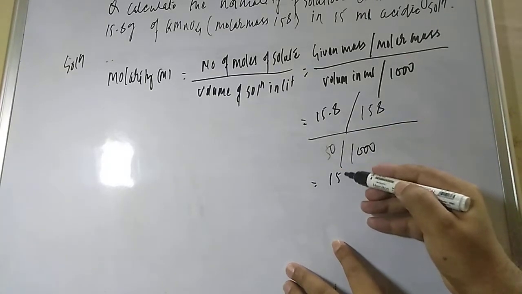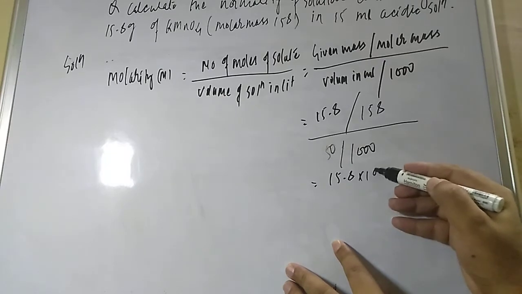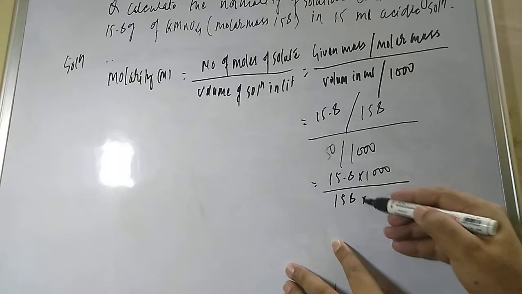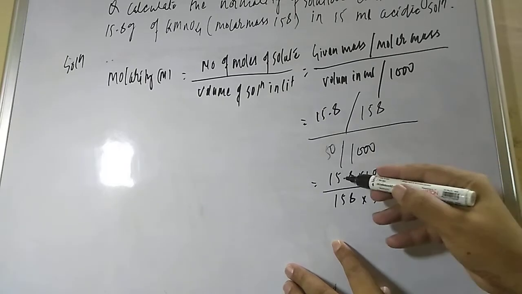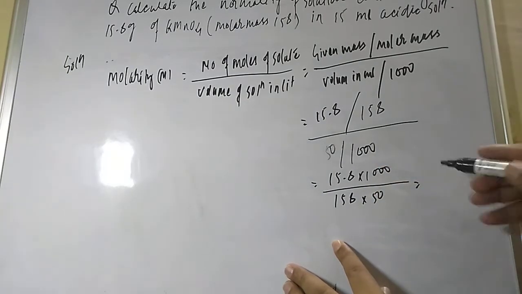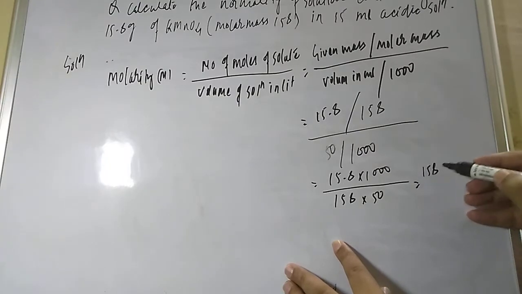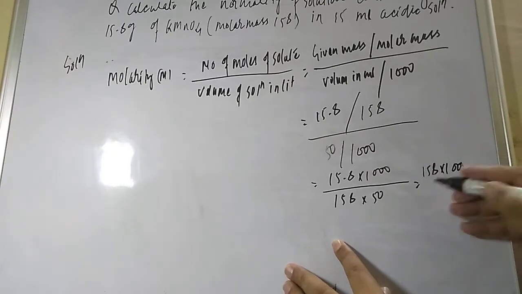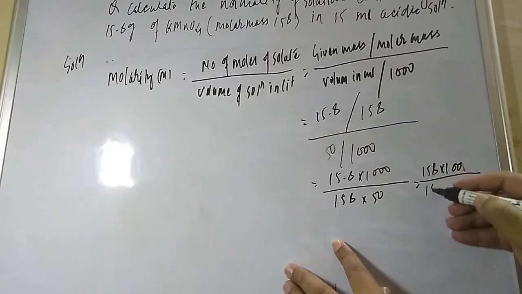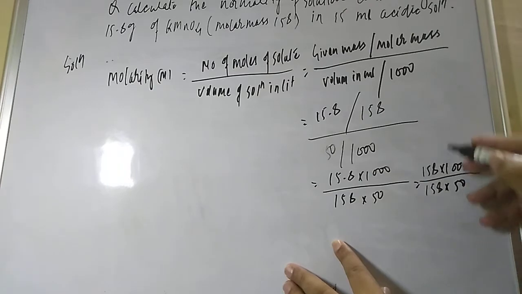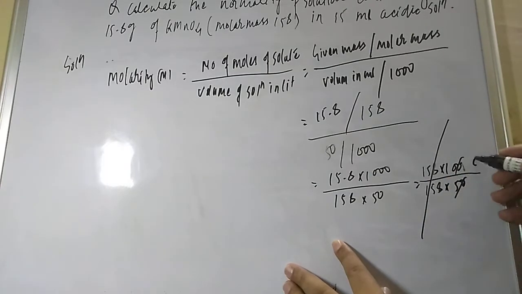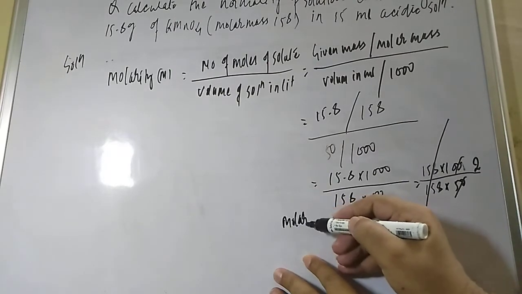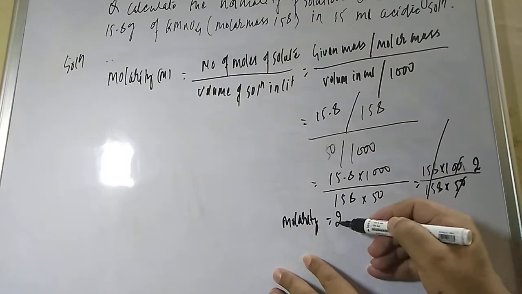Simplified: 158 multiplied by 1000 divided by 158 multiplied by 50. The 10 will remove the decimal. So 158 multiplied by 100 divided by 158 multiplied by 50. 158 is gone. So how much is coming, student? 2. So here we are getting molarity as 2.